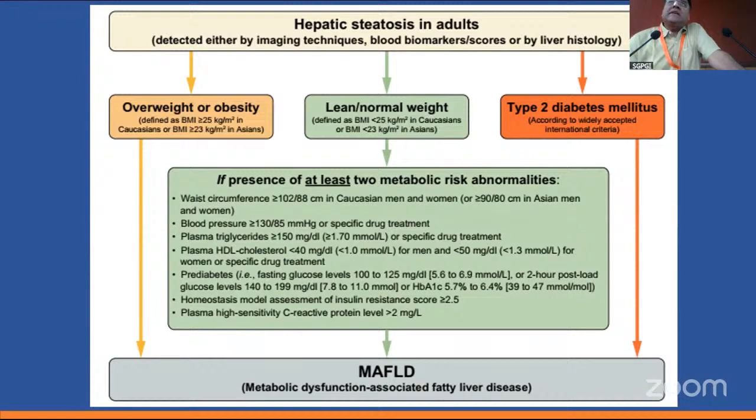In a thin, non-obese, non-diabetic person, if you are suspecting fatty liver disease, then you have to investigate at least for hypertension, diabetes, fasting blood sugar, hemoglobin, cholesterol level, etc., HOMA-IR and high sensitivity C-reactive protein to diagnose fatty liver disease in this group. So that is the application of this slide.